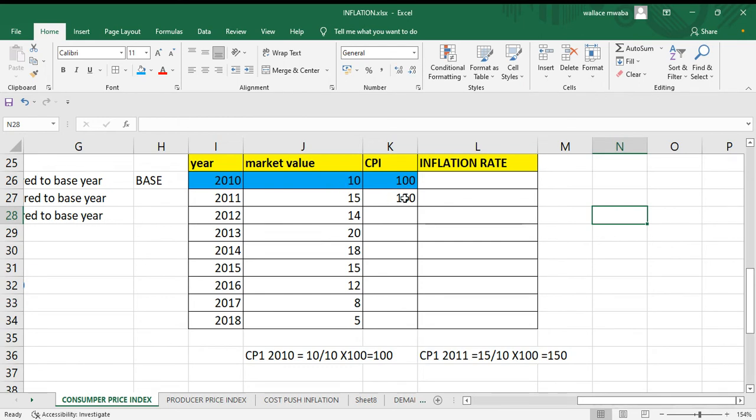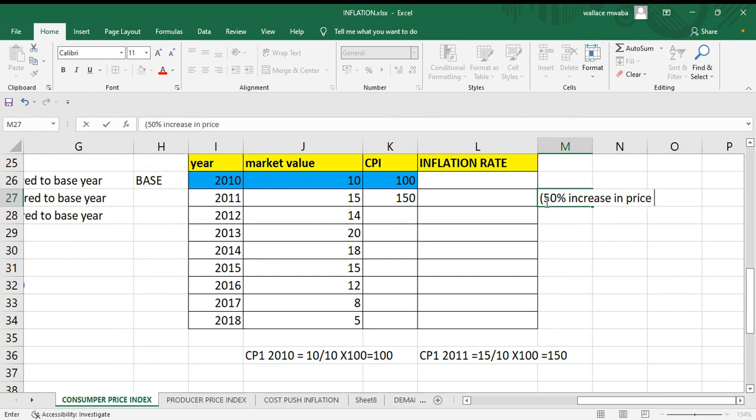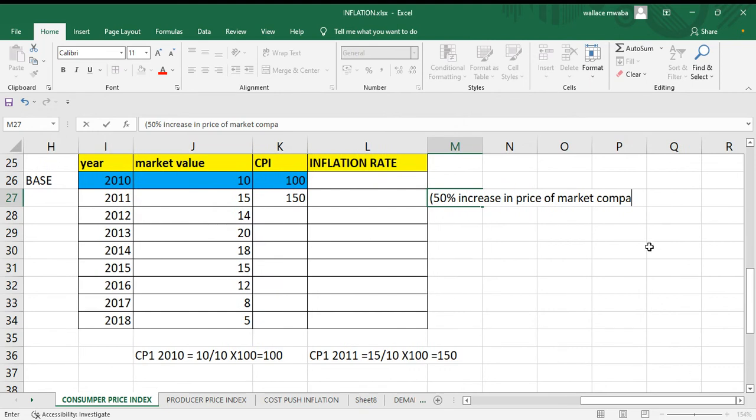The market basket is basically the goods and services which are bought typically by all households in the nation.